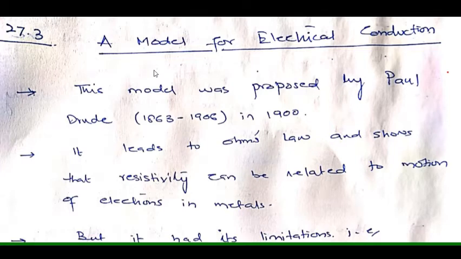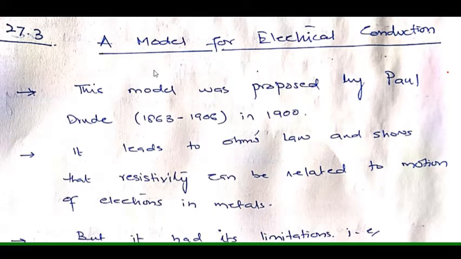After derivation, we'll be seeing that we have the equation for Ohm's law, that is J is equal to sigma E, and from there we'll see that we can find resistivity or its reciprocal, conductivity.